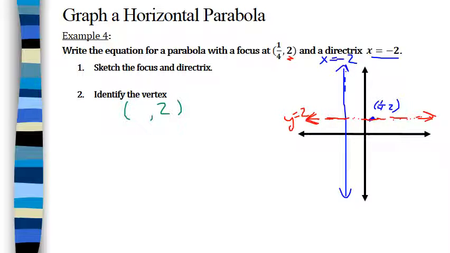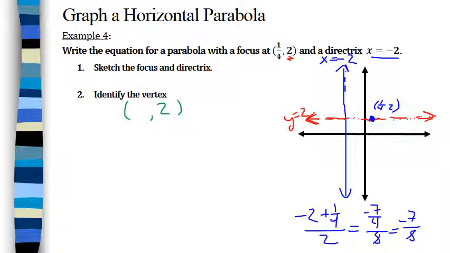And I also know that it's halfway between 1/4 and -2. So I can calculate -2 plus 1/4 and divide that by 2. When I put that in the calculator, -2 plus 1/4 is -7/4, divided by 2 is -7/8. So my x value for my vertex is -7/8.